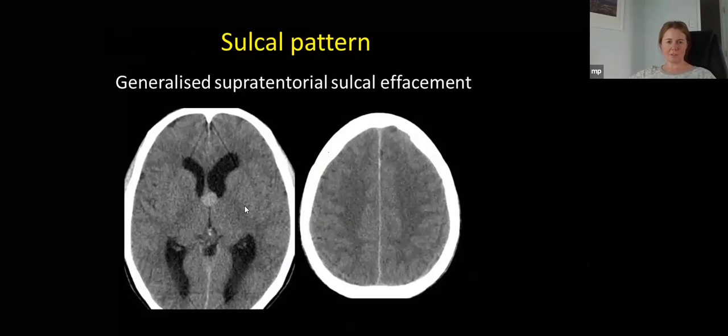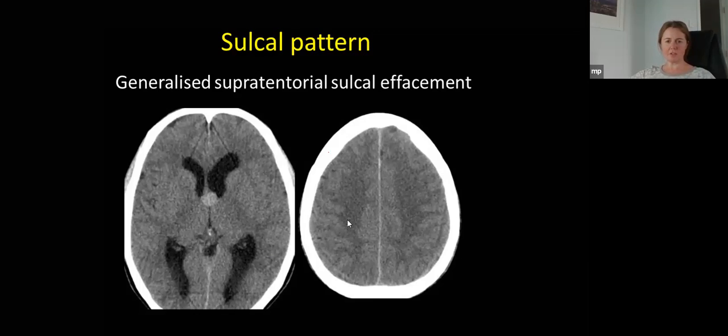So this is obviously at the level of the lateral ventricles, this is at the vertex, and the supratentorial sulci are a very good indication of whether it might be acute or chronic, or whether also it's hydrocephalus or atrophy. So in this case, you don't see really any sulci. You see a little bit of the sylvian fissure here, maybe, a couple of sulci back here.